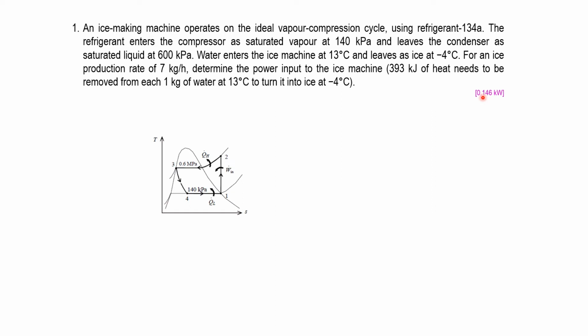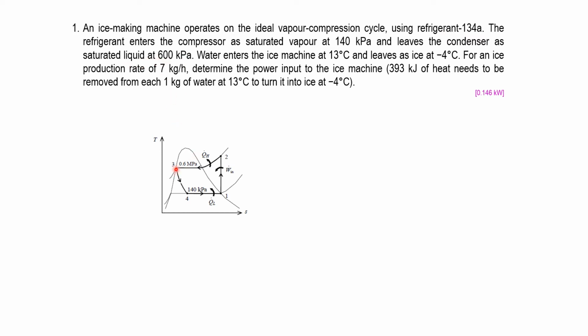So here is your TS diagram. Based on the information given, we can see here that the refrigerant enters the compressor as saturated vapor at 140 kPa. So this is the line on the TS diagram. Point number 1 is here before it enters the compressor and leaves the condenser as saturated liquid at 600 kPa.